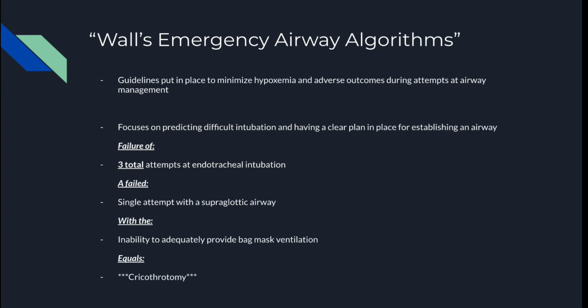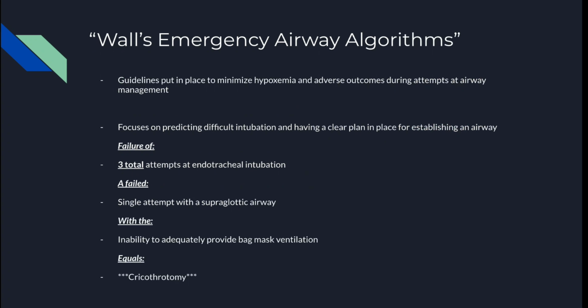But basically, to sum this up, these are guidelines that are put in place to minimize hypoxia and other adverse outcomes during attempts at airway management. What it focuses on is predicting a difficult intubation and having a clear-cut, concise approach to how we're going to handle that. So this basically is all catered around that difficult to intubate patient.